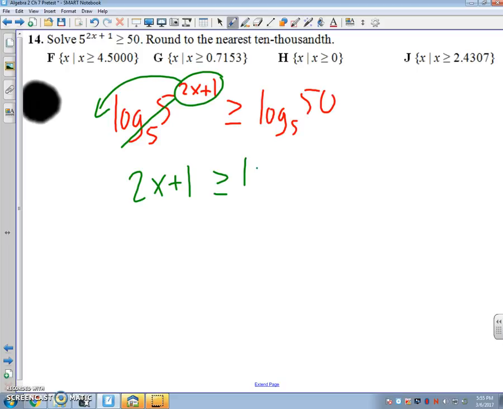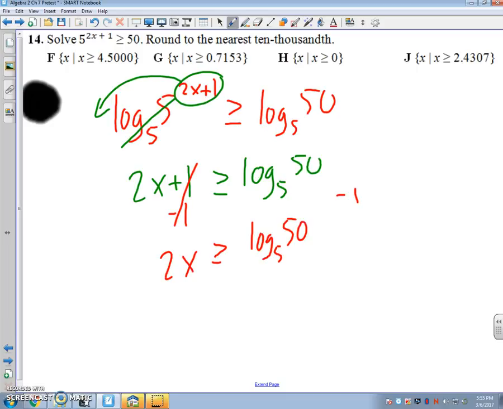So here's where I'm at now. I solve for x by subtracting 1 from both sides. This negative 1 is not inside the log. So log base 5 of 50 minus 1 way out here. And then I'm going to divide by 2. That is my answer. x equals that fraction.